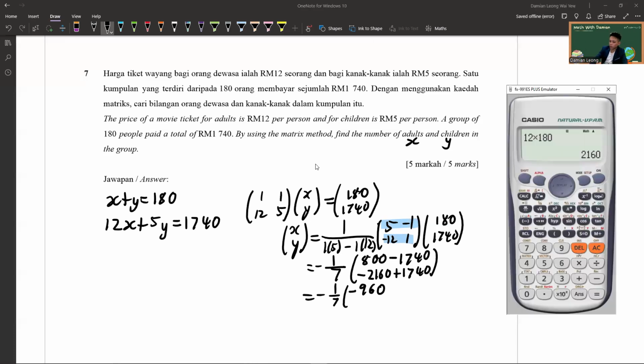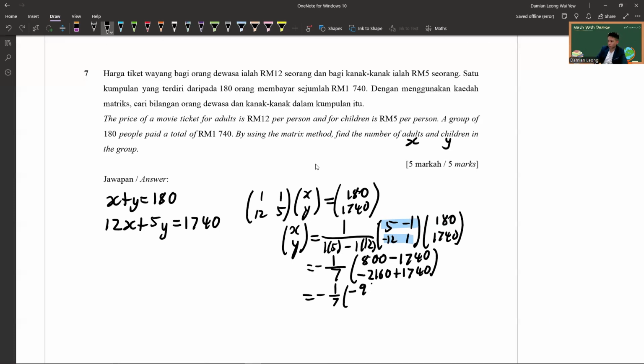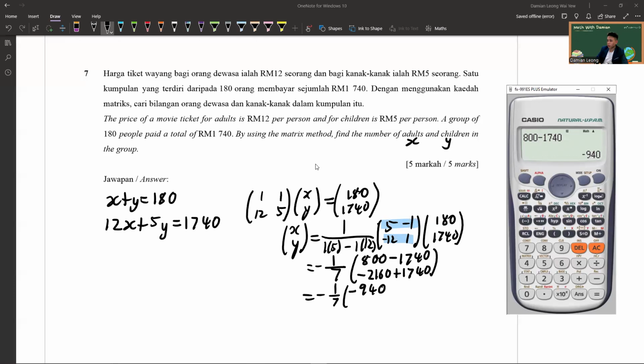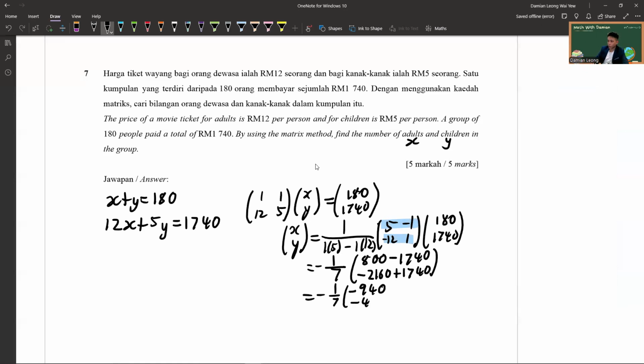Wait, 940. Sorry, negative 940, I bet. Okay, then negative 2160 plus 1740, I get negative 420. So times negative 1 over 7 becomes positive 940 divided by 7.